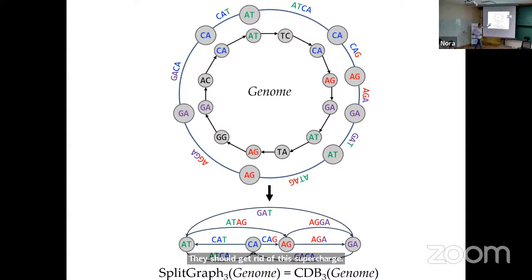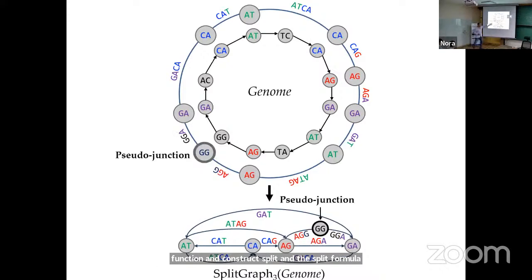So this is what we showed before, how to construct the split graph. We identify junctions and construct the split graph. But what would happen if we have pseudo junctions? Well, there is an additional junction appearing here, which is not a real junction, it's a pseudo junction. As a result, there is an extra node in our graph. But it's not a big problem because we can condense this graph, and it results in the same condensed graph as before.